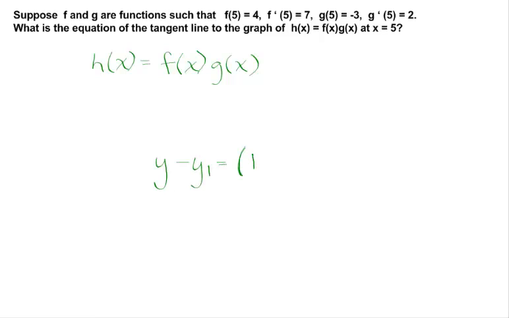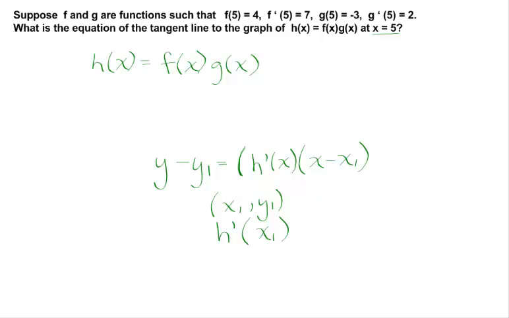Remember, the slope of the tangent line is going to be the derivative of that function. So there's the point slope equation for a line. Given x1, y1, I need to find h prime and evaluate it at x1. They tell me that x equals 5.